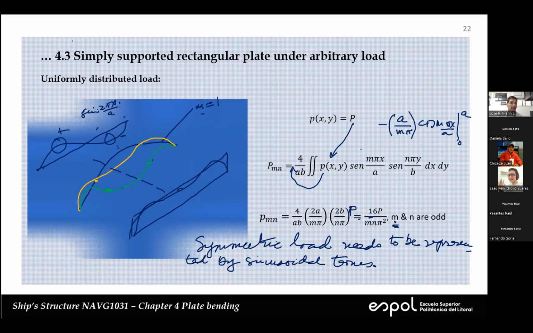This is anti-symmetric, and these are symmetric, and the function is symmetric. So you can use only symmetric sinusoidal terms to represent this function, which is symmetric. You cannot use any of this, because it makes sense, right? If this is anti-symmetric, it makes no sense to use it in order to represent this, which is symmetric.